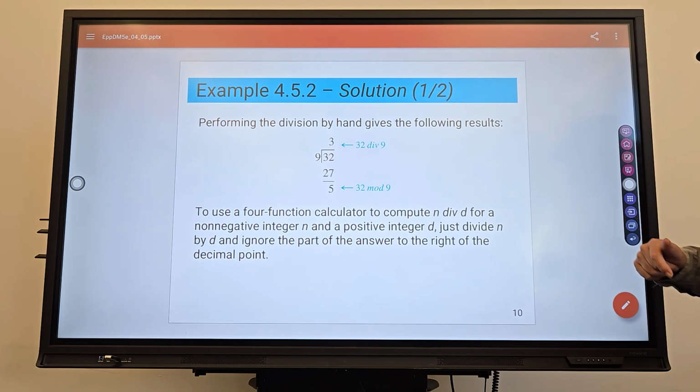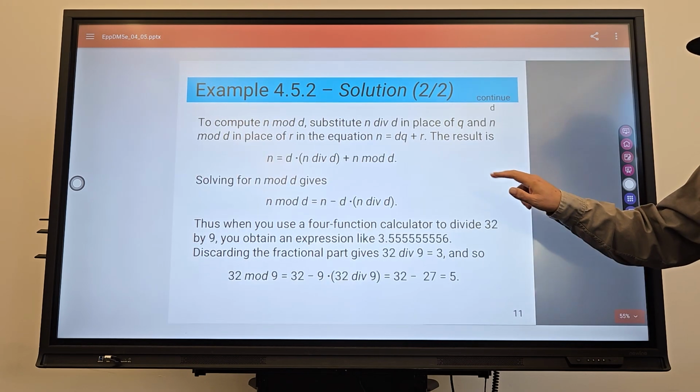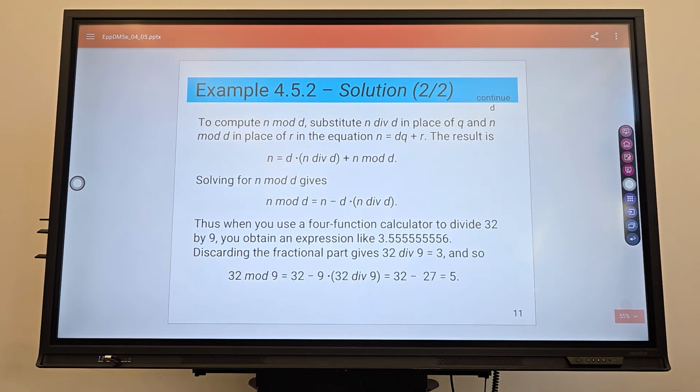It says use a 4-function calculator to compute it. To compute n mod d, substitute n div d in the place of q and n mod d in the place of r in the equation n equals dq plus r.